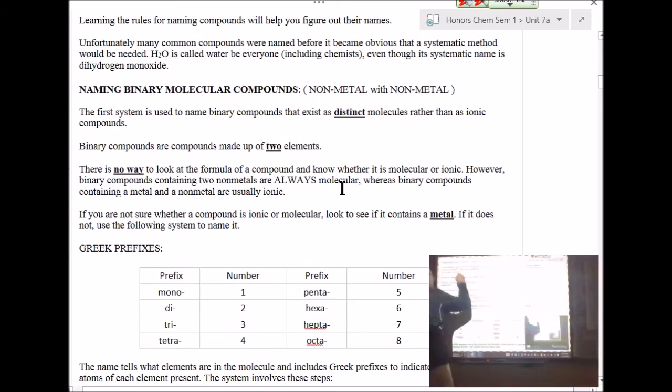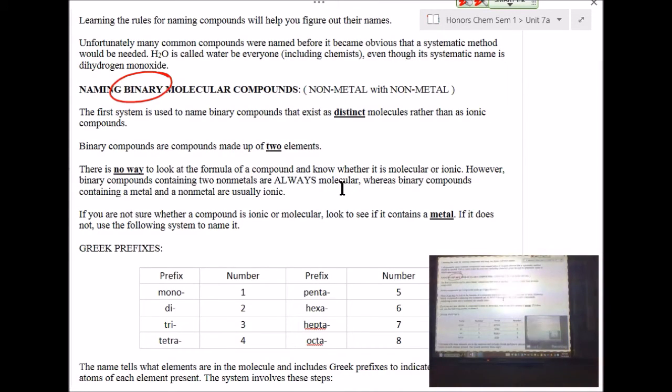It's called binary molecular. What does binary mean? 2. Good. And if you talk about binary code, you're talking about zeros and ones. Well, here, when we talk about these, we're talking about 2 elements. So whenever you hear binary, it means 2. Whenever you hear the word molecular, that's non-metal with non-metal. Tomorrow we're going to talk about ionic. That's metal with non-metal.